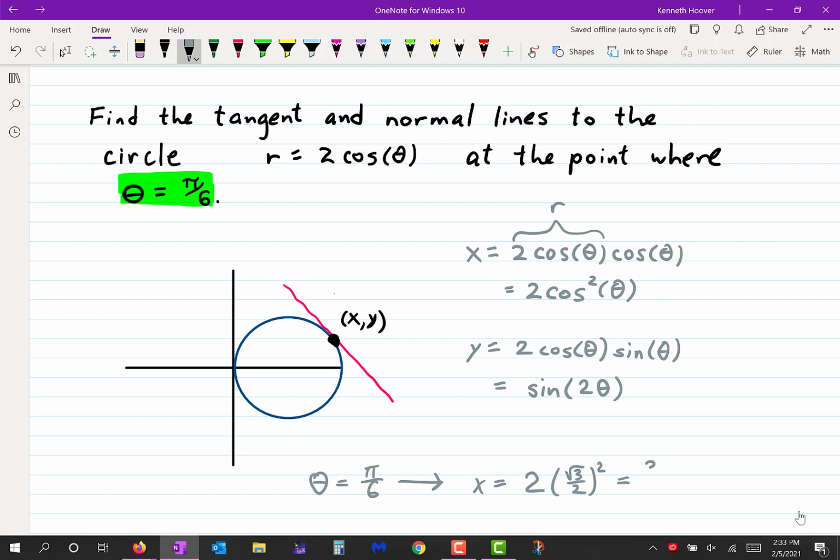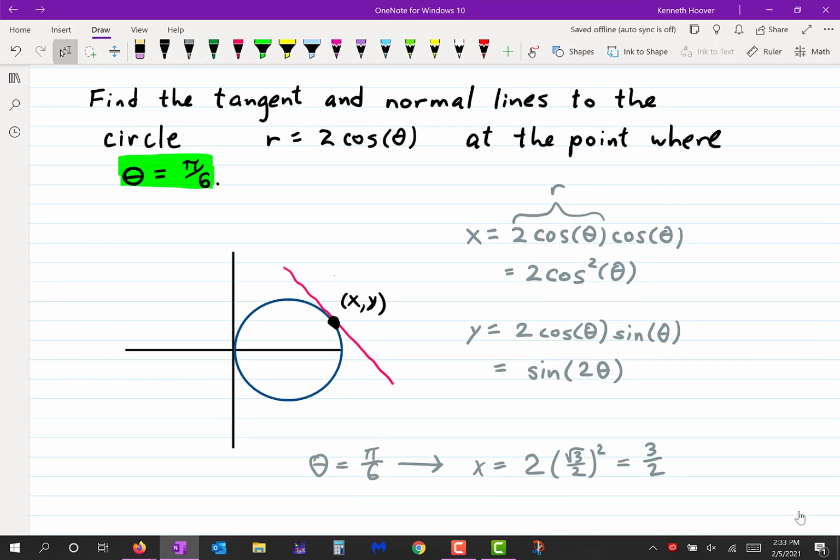That equals 3/2. And y is going to equal the sine of pi over 3, which is root 3 over 2. So that's what point we're looking at: 3/2, comma, root 3 over 2.